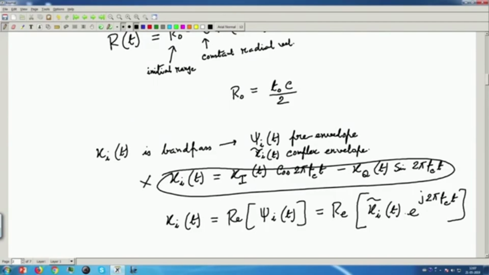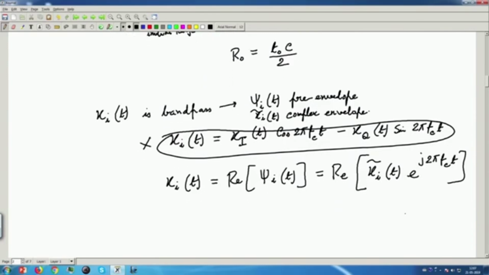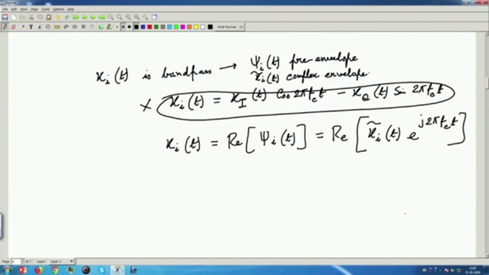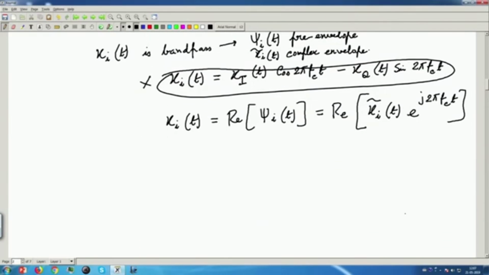Now, let us specialize. First, I will see a stationary target, we will develop the mathematics, then we will go to the moving target. That means, what I wrote as R(t), now my range is fixed. Let us say at stationary target, there is a target at a fixed range R naught, there it is. So, let me write this, that now I will discuss a stationary target.